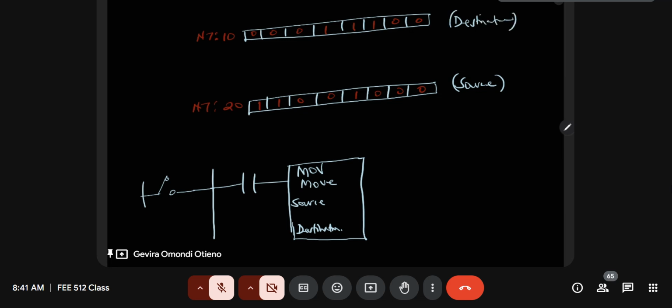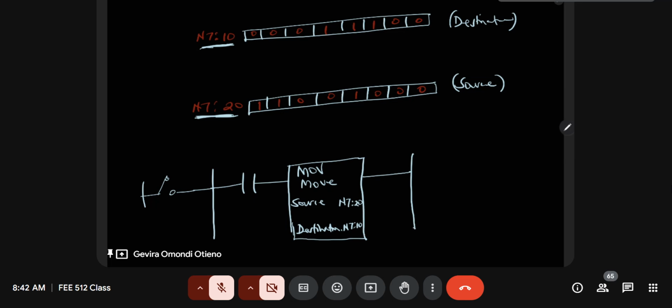This address is our source address and this is our destination address. Our source address in this case is N720, and our destination address is N710. Okay? Then we can perform a move operation.